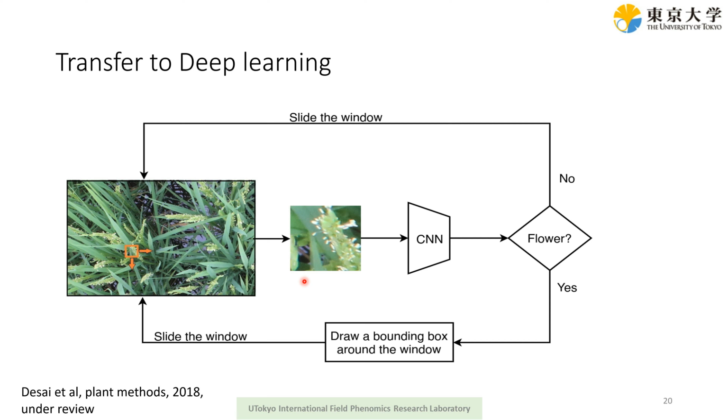What we do is patch classification based on the sliding window technique. As you can see over here, every patch is grabbed out as the window slides over the pictures, and the neural network checks whether this patch belongs to a flowering panicle or not.